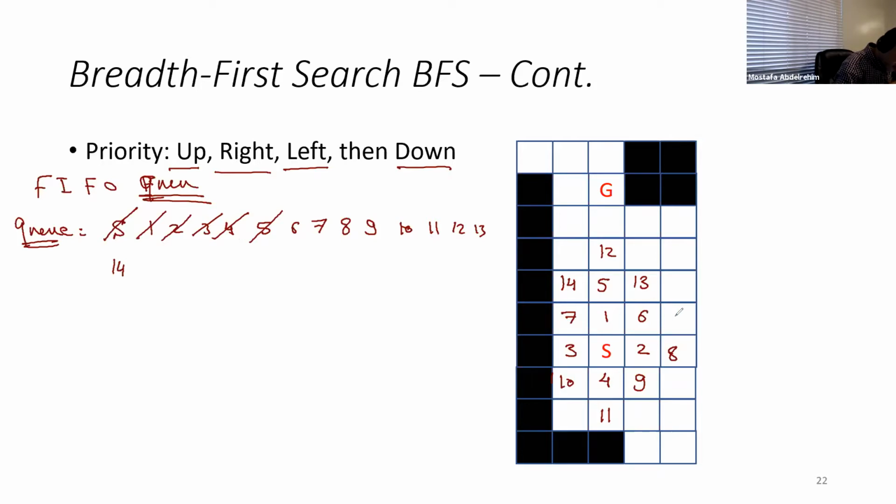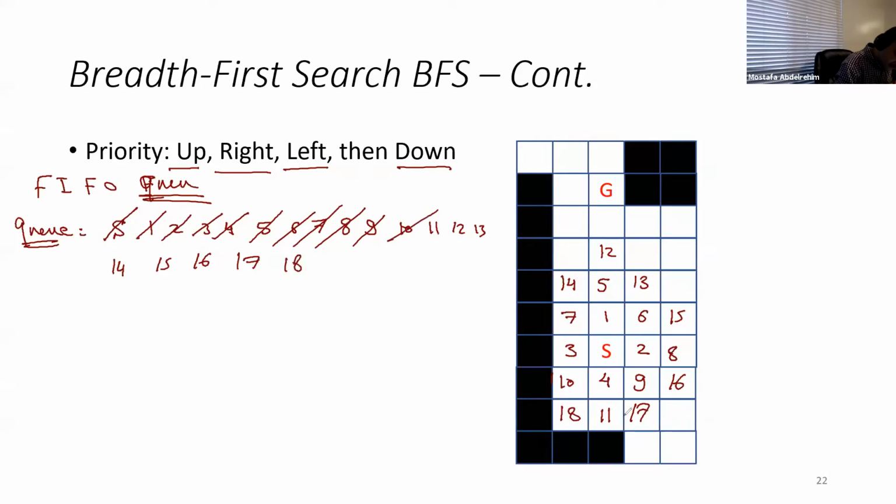6 has one option here, which is 15. Remove 6. 7, all are explored. Remove 7. 8, where is 8? Just one option here, so 16. Remove 8. 9, only one option, 17. Remove 9. Then 10, one option, 18. Remove 10.